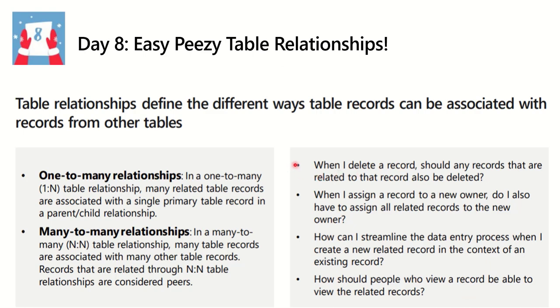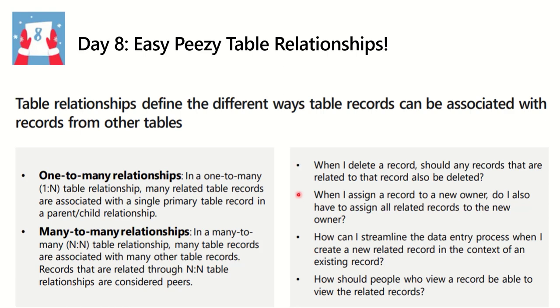So, for instance, this first one here, when I delete a record, should any records that are related to that record also be deleted? So if I delete a customer, should we also delete the contacts associated with that customer? This is a question, because in Dataverse, you have a decision to make, but you can do either. You can do nothing, or you can have some type of a cascading effect, which I'm going to show you.